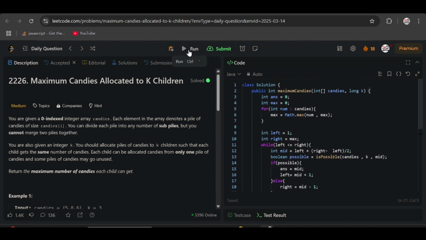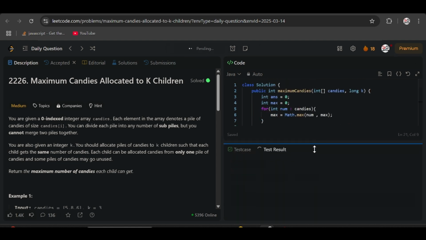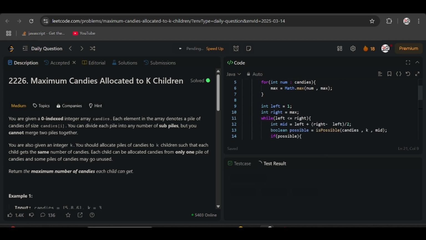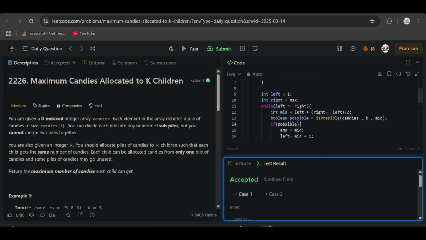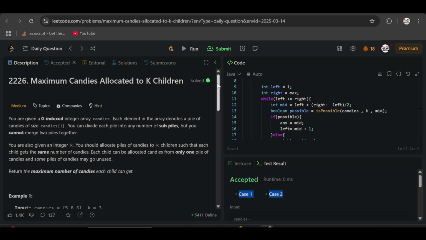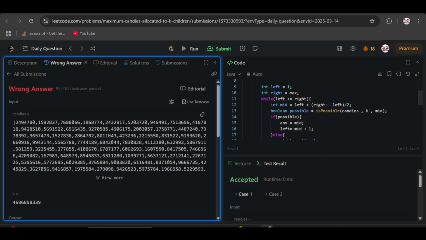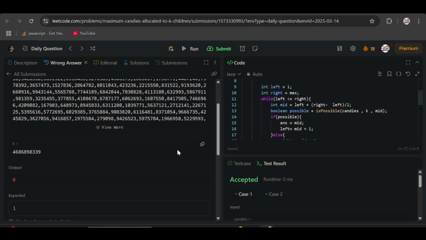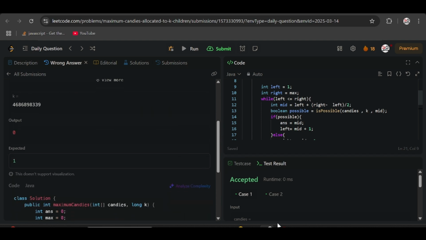So let's see whether it will be working or not, or there is any syntax issue. So yeah, the test cases are done. It is taking a bit of time. Okay. So there is an issue. So we will be seeing that.